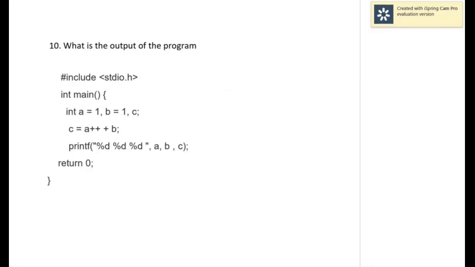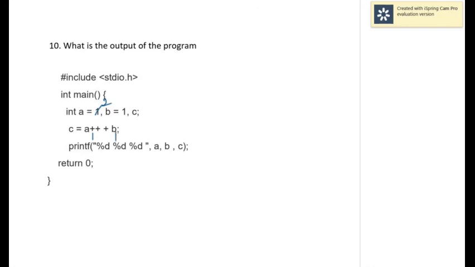And the next question is a equal to 1, b equal to 1 and c. Here it is a++, that is post increment. Post increment means first it assigns the value, then the value will be incremented. So the expression value is 1, it assigns the value and then increments. The a value will become 2 now and the b value is 1 as it is.